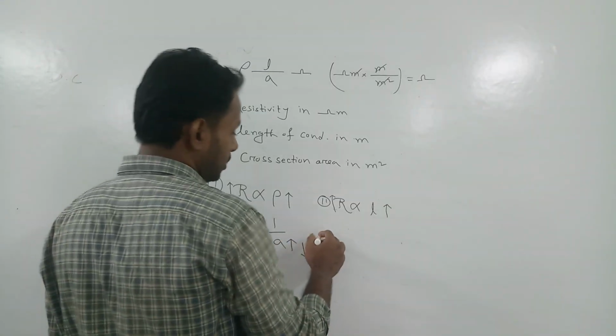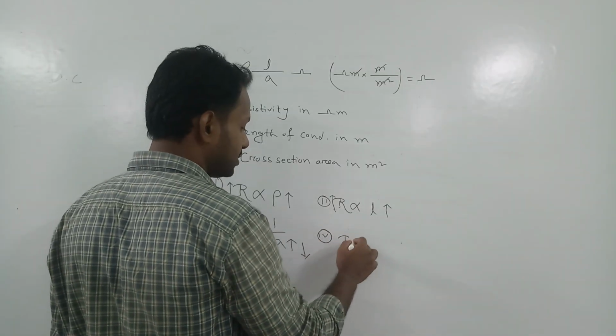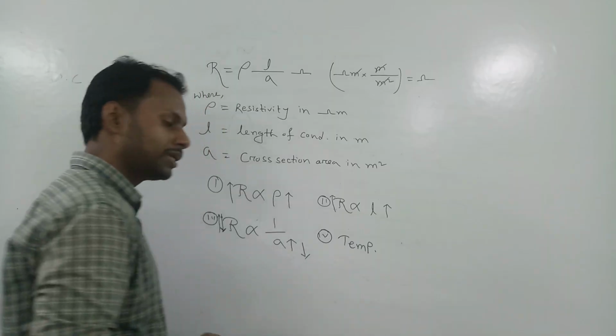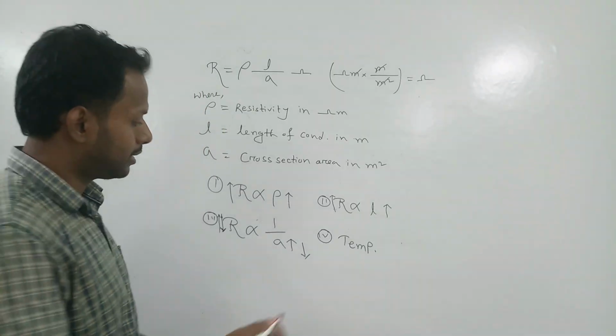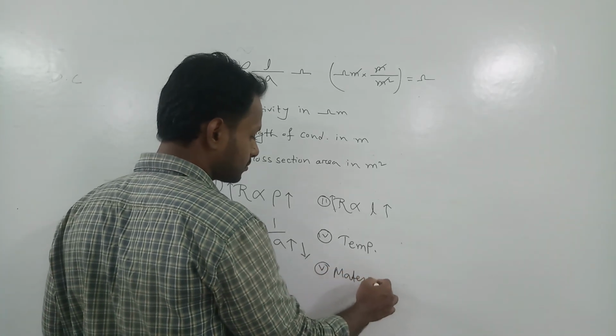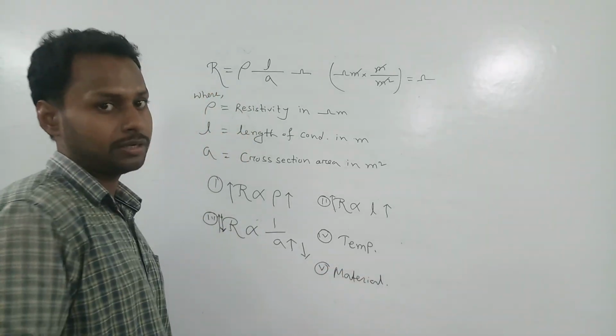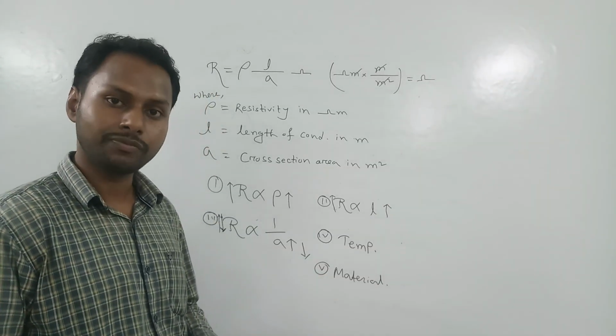Now there are two other dependent factors. One is temperature. If temperature increases, the resistance of the conductor also increases. And another one is the material we use. If we use copper, its resistance property is different.